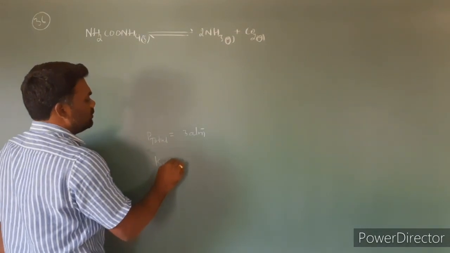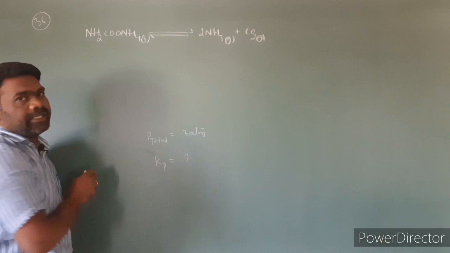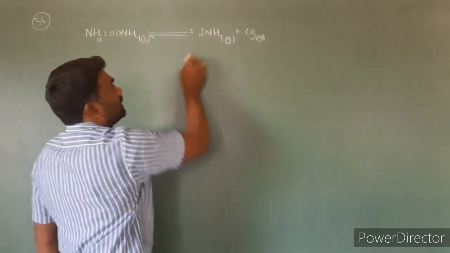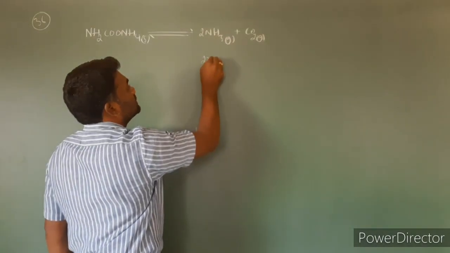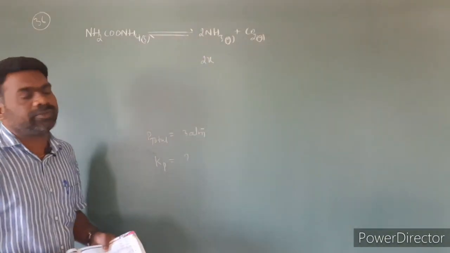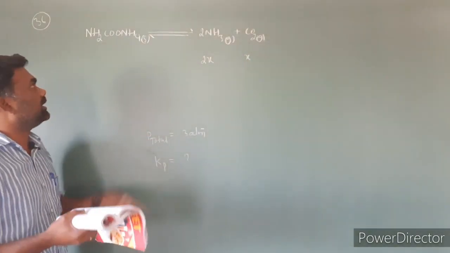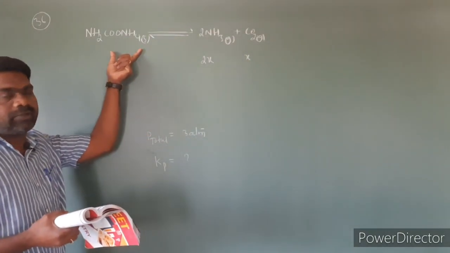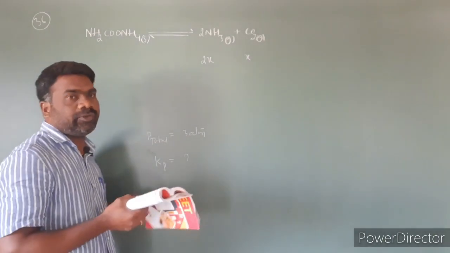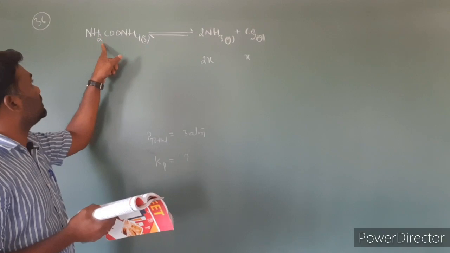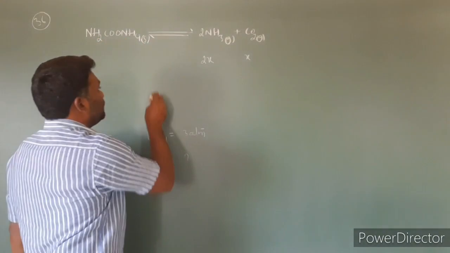Since NH2COONH4 is a solid, the partial pressure of NH3 at equilibrium will be taken as 2x, and the partial pressure of CO2 I am labeling as x. We did not take any partial pressure of NH2COONH4 because it is a solid.